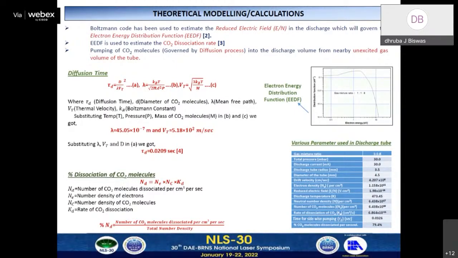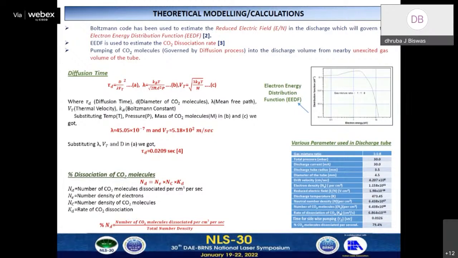On the left side, we have done the calculation for the diffusion time. The diffusion time is calculated by tau d is equal to d square upon lambda d vt, where d is the diameter of the discharge tube, lambda is the mean free path, and vt is the thermal velocity. Lambda and thermal velocity are evaluated from the temperature and pressure which we are controlling.